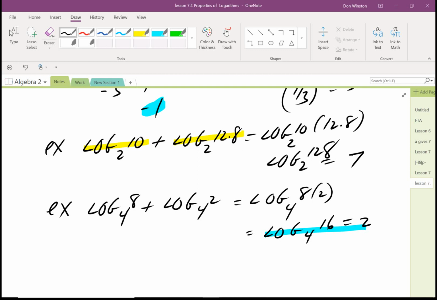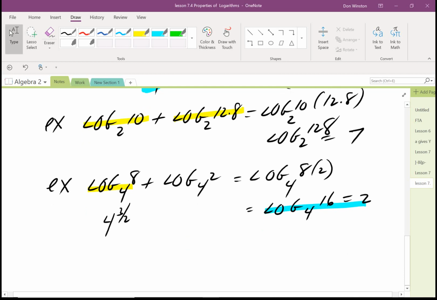All right. So log base 4 of 8. Okay, so let's see here. What would that be? And we'll learn this. This would be 4 raised to the 3/2.